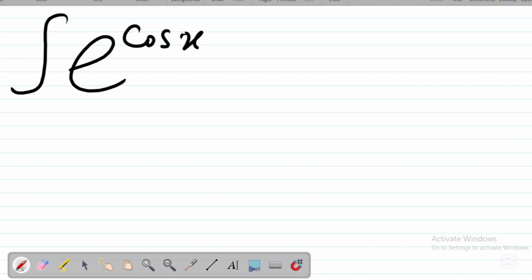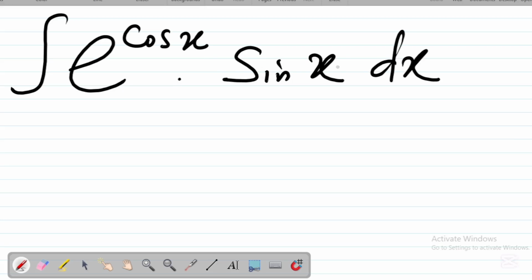So our next task is to substitute into equation 1. And equation 1 is exponential cos x multiplied by sine x dx, where u equals cos x and dx from our calculation is du all over negative sine x.